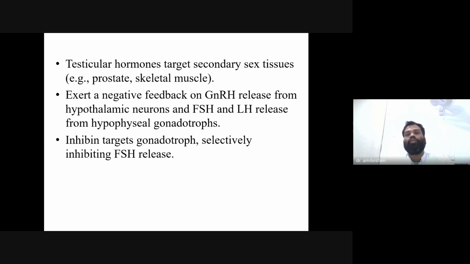Testicular hormone targets secondary sex tissues like prostate and skeletal muscles, and exerts a negative feedback on GnRH released from the hypothalamic neurons, and FSH and LH released from the hypophyseal gonadotrophs. Inhibin targets the gonadotrophs, selectively inhibiting the FSH release.